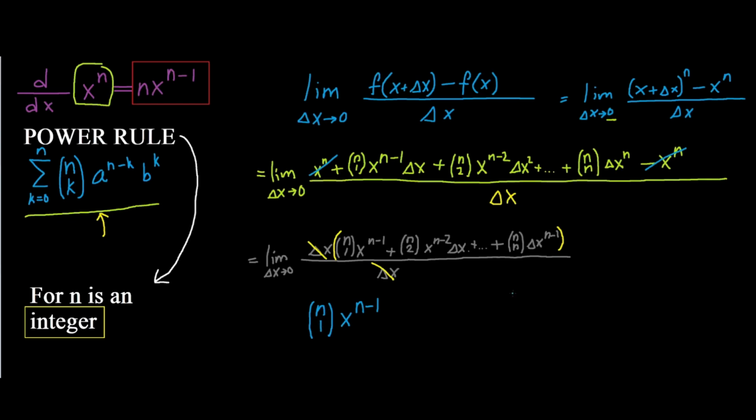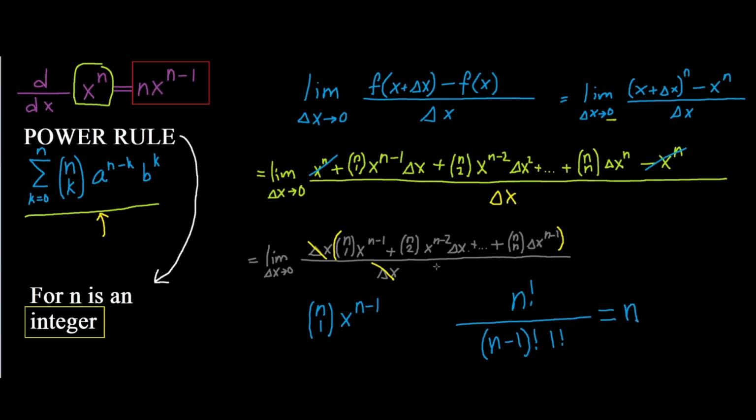That is just going to be n factorial over n minus 1 factorial times 1 factorial. And this is just going to equal n. You can work that out if you want, but just so you know, that's going to equal n.